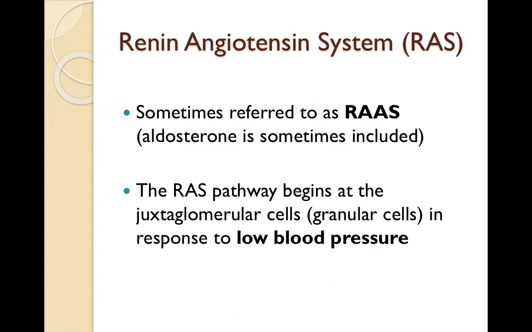I made mention of the renin-angiotensin system. It's sometimes referred to as the renin-angiotensin-aldosterone system. This series of enzyme reactions begins at those juxtaglomerular cells that we talked about earlier in the renal section, the granular cells, in response to low blood pressure.